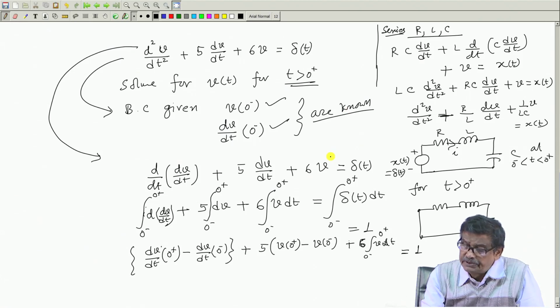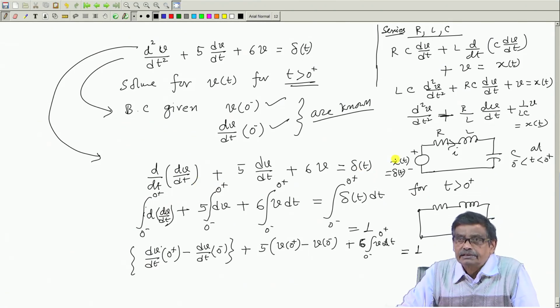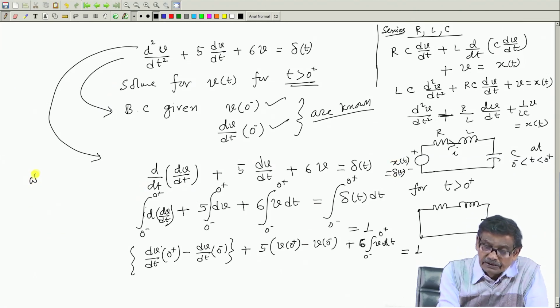If V has a step jump, then dv/dt must have a delta, and d2v/dt2 will be delta dot(t), but there is no delta dot(t) on the right hand side to balance it off. Therefore, the only quantity in this expression which will have a step jump is dv/dt.